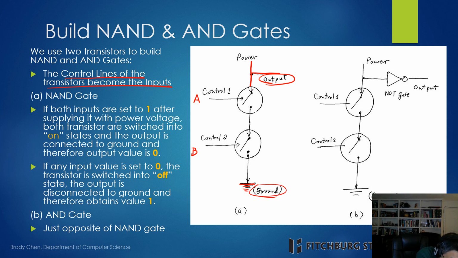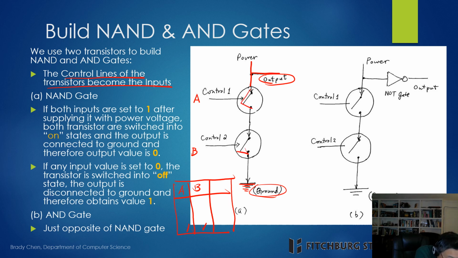So now let's see how it works. If we set both the input line A and the input line B to 1, in that case both transistors are switched to the on position, so they're connected.